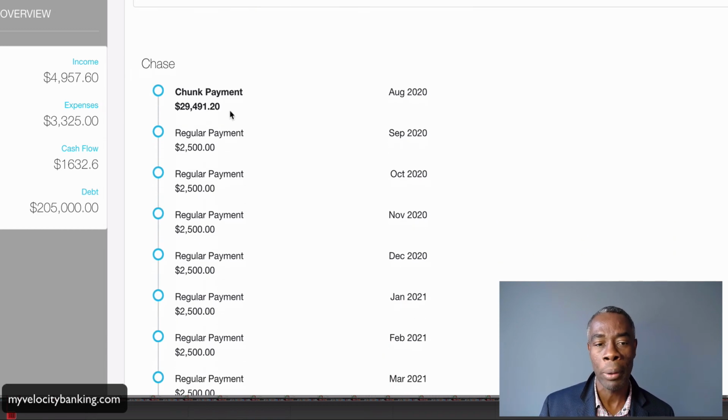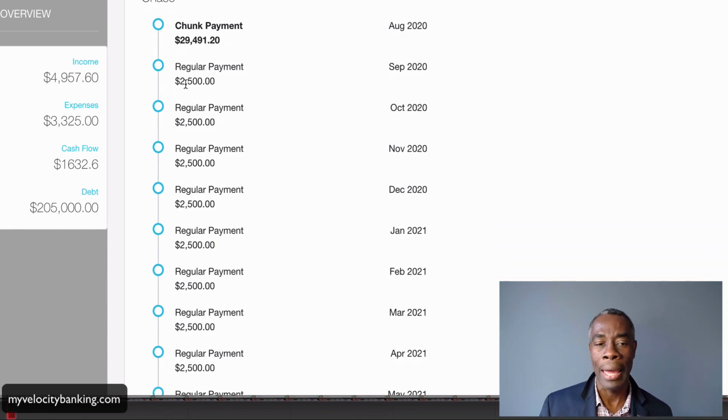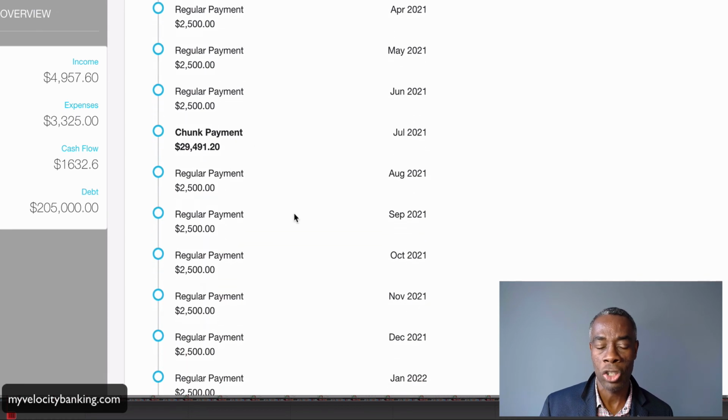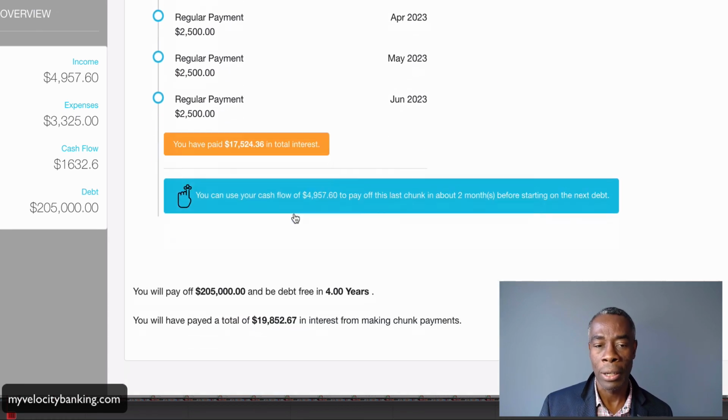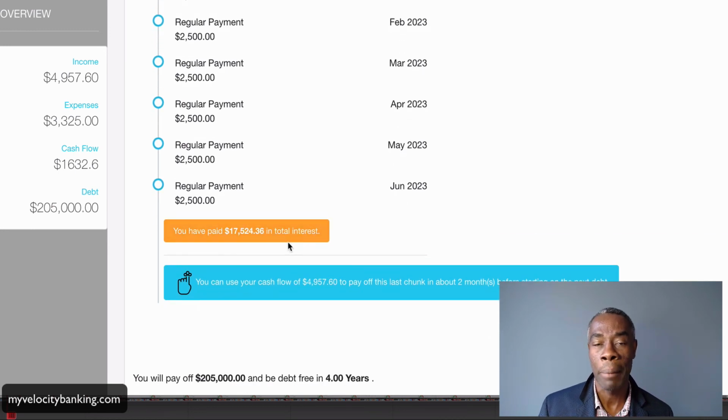So in this example, they're making chunks every year, and then they just do their regular payments. Next year they make another chunk, and so on, until their mortgage is paid off. It also calculates how much interest they actually paid, because you'll always pay interest regardless. But the goal of velocity banking is how can I minimize the interest I pay and get out of debt faster.